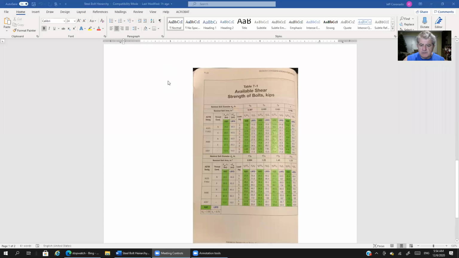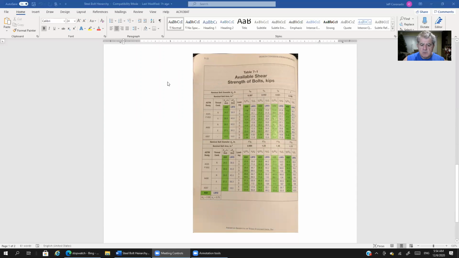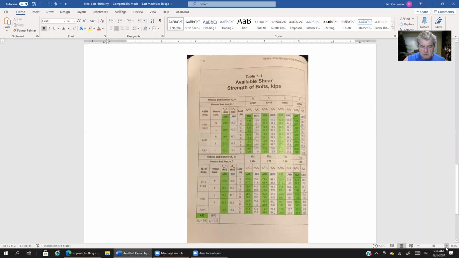This is an excerpt. It's table 7.1 from the AISC manual. And I'm only using this to illustrate really the bolt sizes, not so much the values. So what we're focusing on here is probably this part of it. All right, so with that in mind, let's see if we can zoom in a little bit on that.